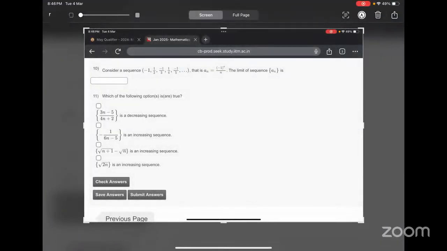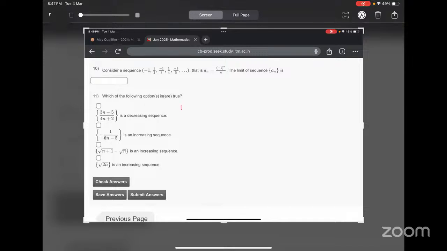What about the first option? How can we try to solve the first option? Decreasing means n plus 1 should be less than n. If you have this type of thing, we can first always try to balance it.